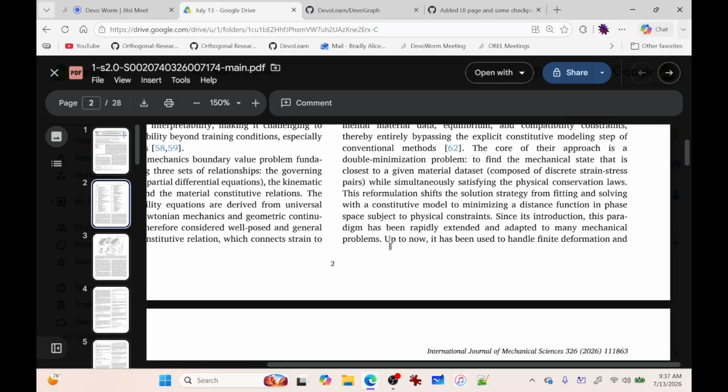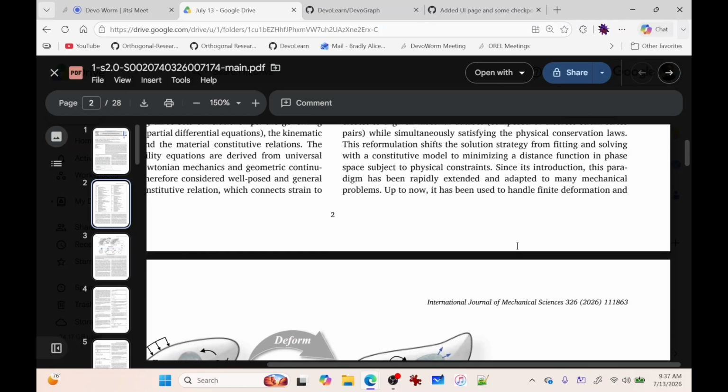Since its introduction, this paradigm has been rapidly extended and adapted to many mechanical problems.